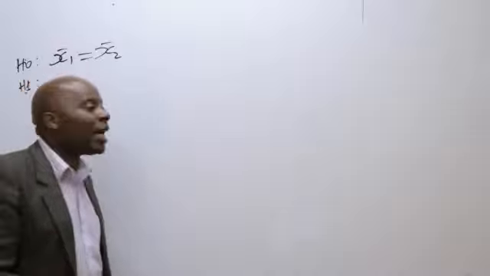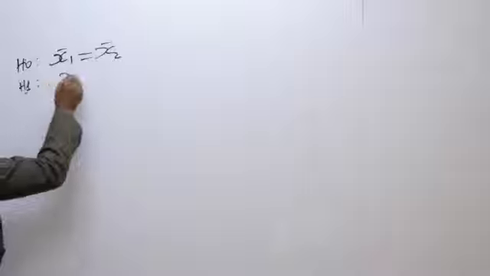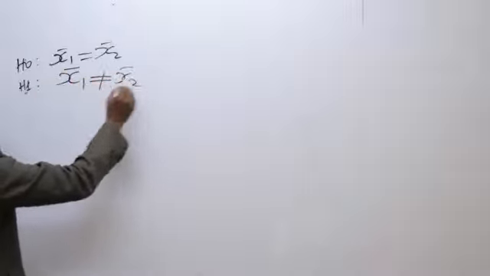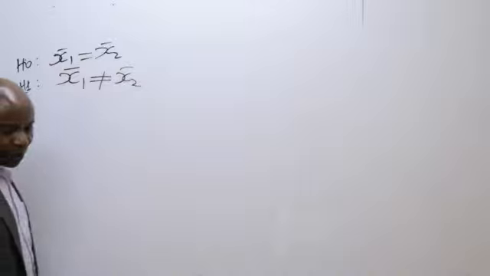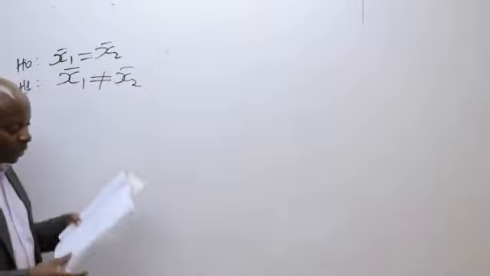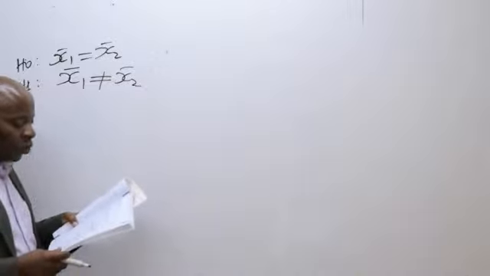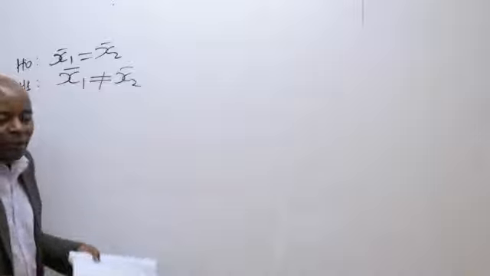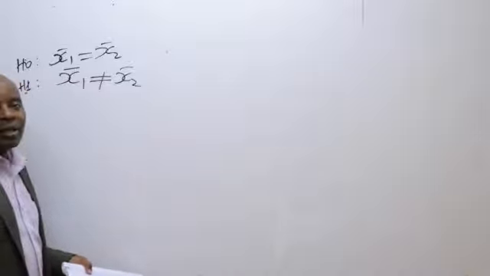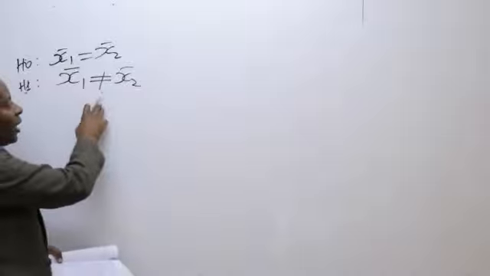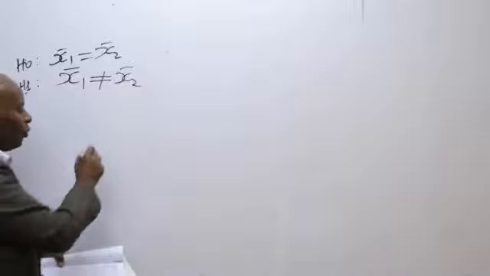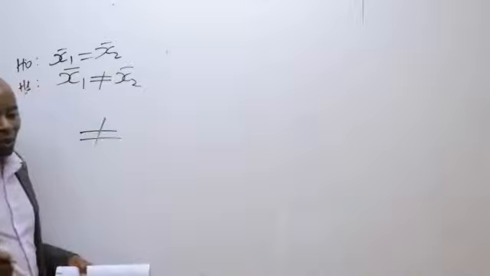So the proper symbol that we need to use here is x bar 1 is not equal to x bar 2, because they haven't told us whether x bar 1 is more or x bar 2 is more. If you read here, they want us to determine whether the quality of the two types of electric components differ significantly. They can differ when one of them is either bigger or smaller, so it should be not equal. You put the equal sign, you cancel it, not equal like that.